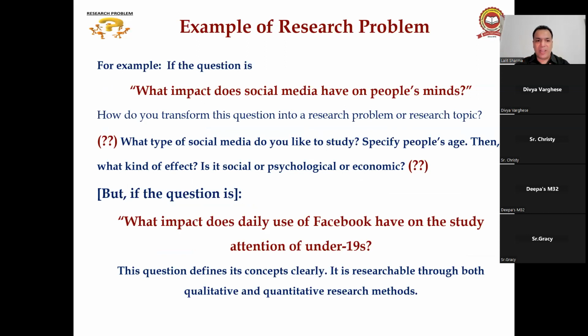There is one variable, Facebook, adolescents, and impact. The previous one was a very loose statement. So you should know that not any statement can be a research problem. We have to reframe it, and that's why we have reframed it.